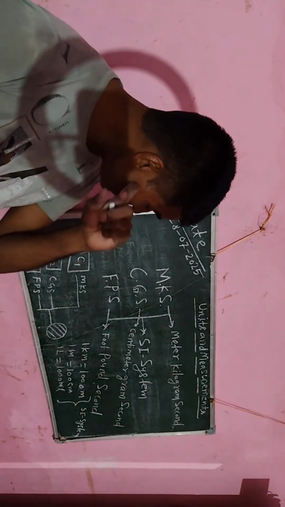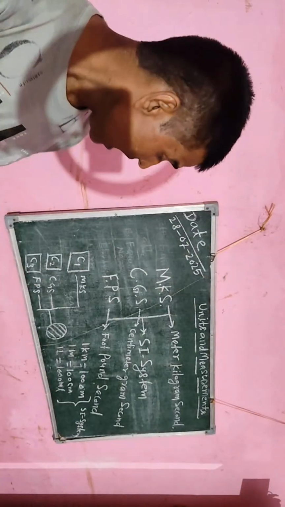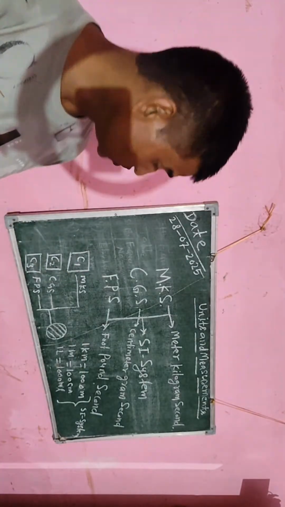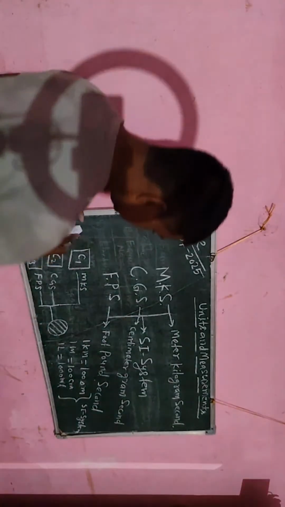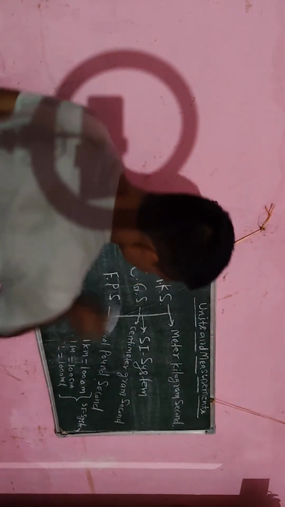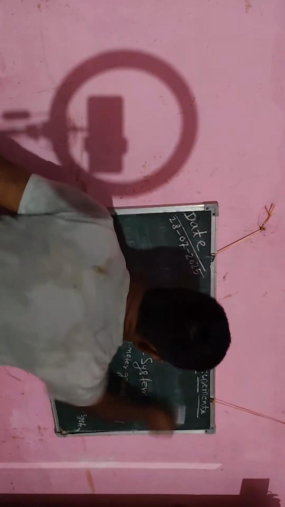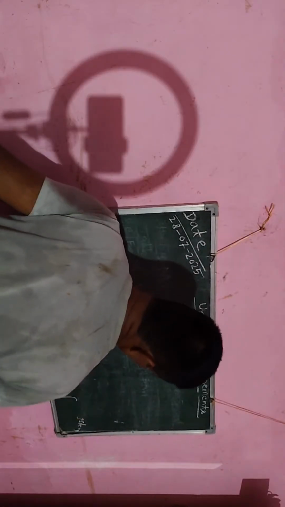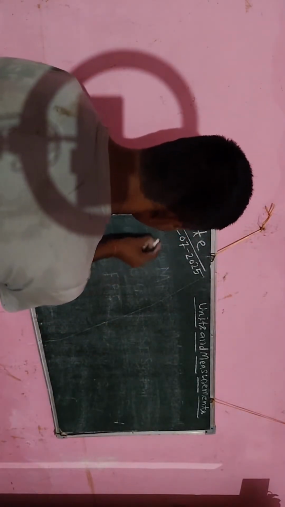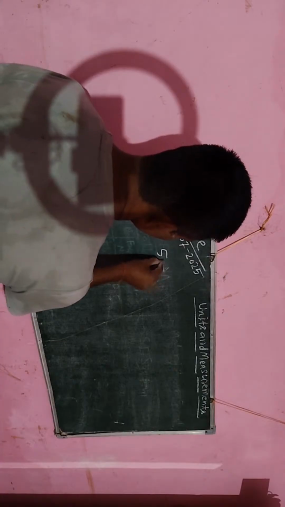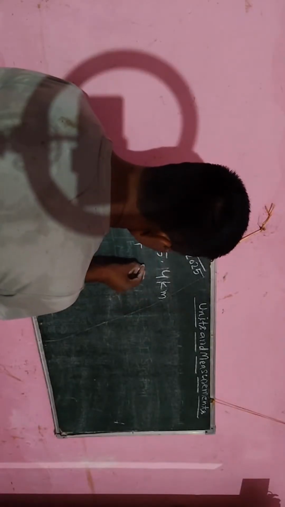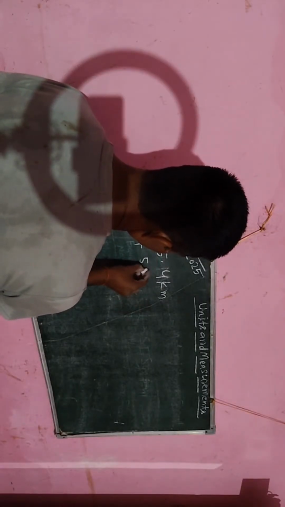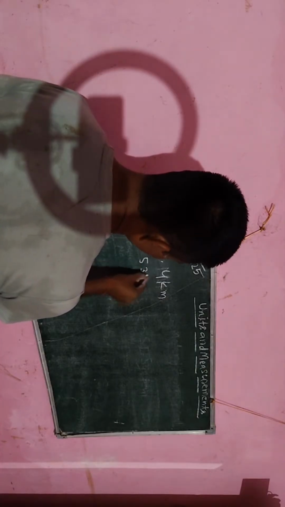Now I am going to tell one more piece of information, and I will solve it with the help of numericals. Okay students, I am going to erase this. Suppose anyone says add 5.4 kilometer with 535 meter.